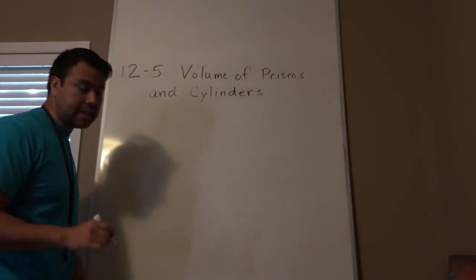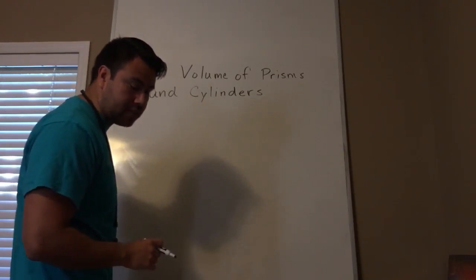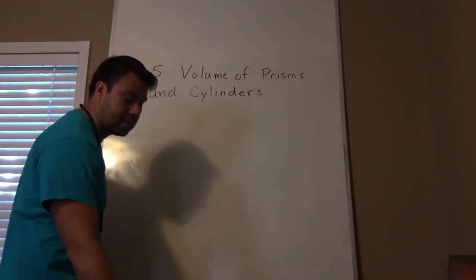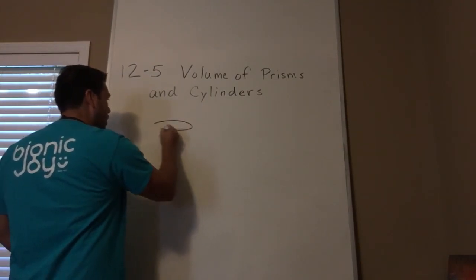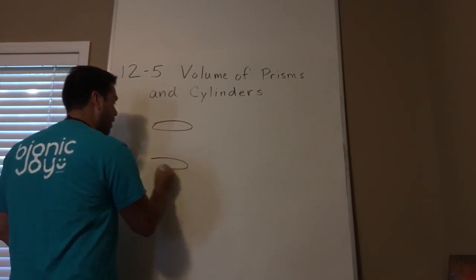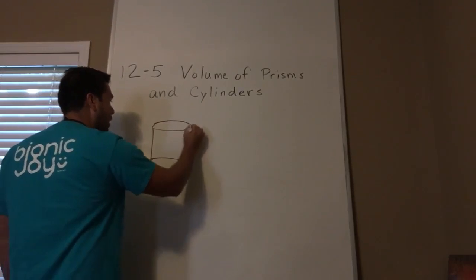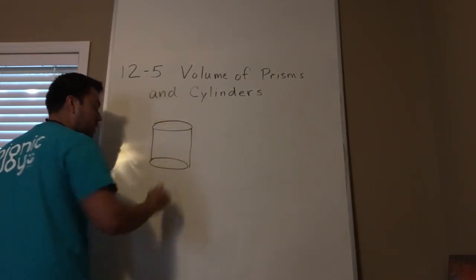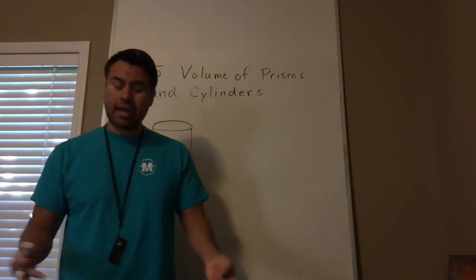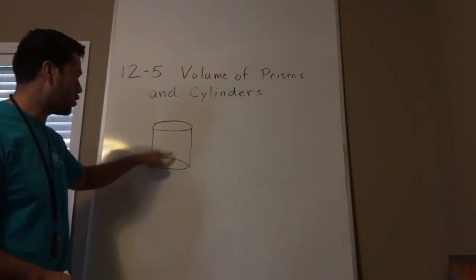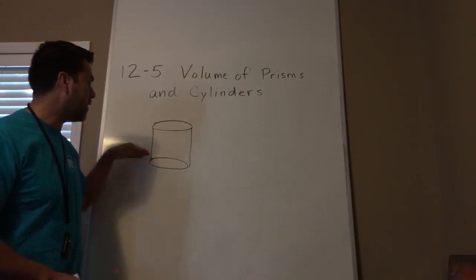Okay, the second type of problem you're going to get is you're going to deal with cylinders. Okay, so a cylinder does not have a polygon for its bases because a circle is not a polygon. It has circles as its bases. So you see the two circles, they're exactly the same, and then they have a height.